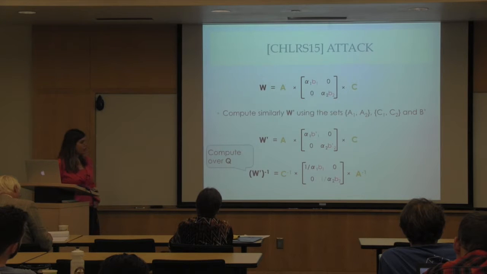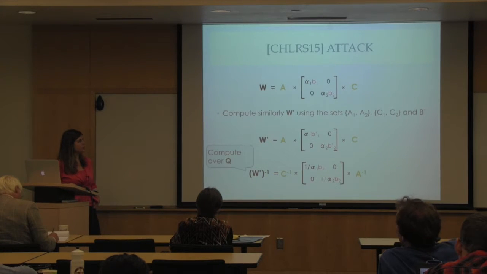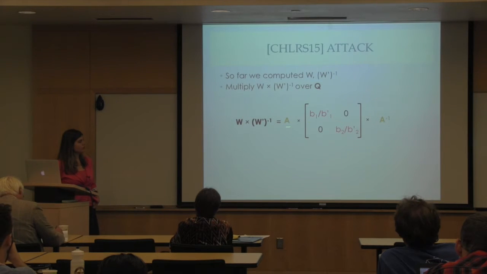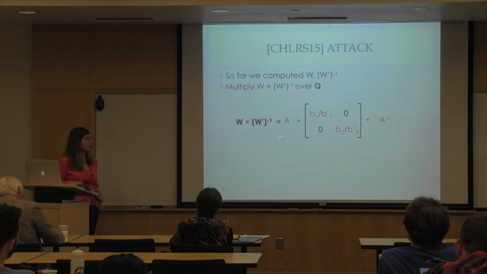And the next step is we have here this C inverse and we have here C. So why don't we just multiply the two matrices, and what we will get will be something of the form A and then A inverse.